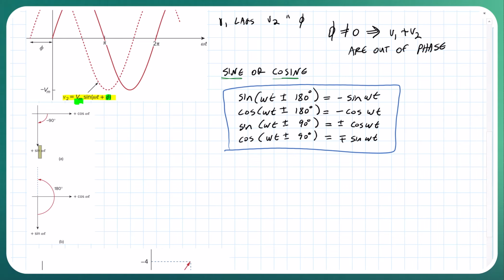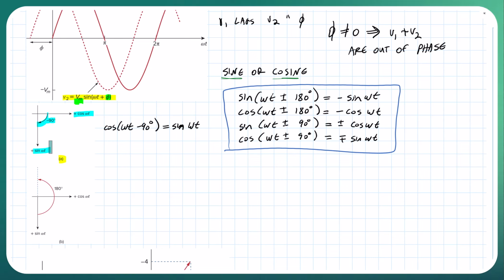In this figure, cosine omega t minus 90 degrees is going to give us sine omega t. So if we start off with a cosine omega t and we go in the negative direction 90 degrees, that's going to give us a sine omega t. That's one way of looking at it in a visual fashion.